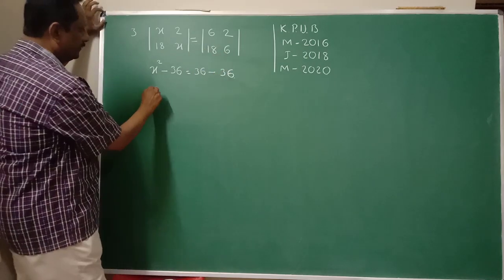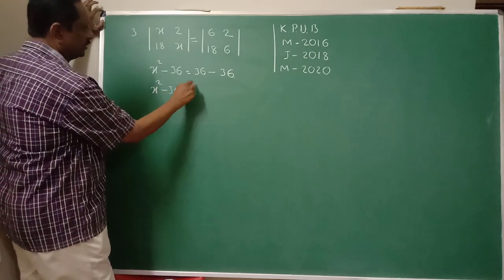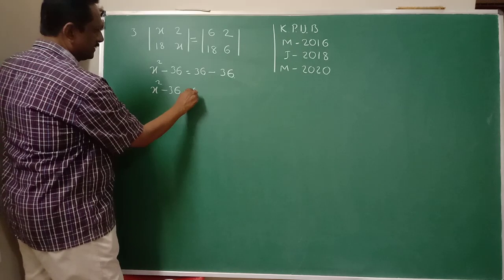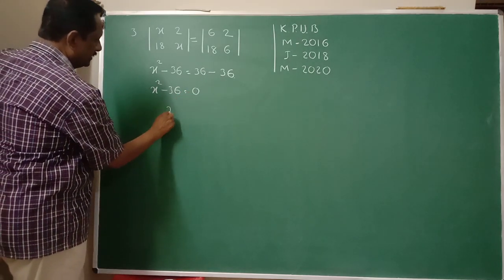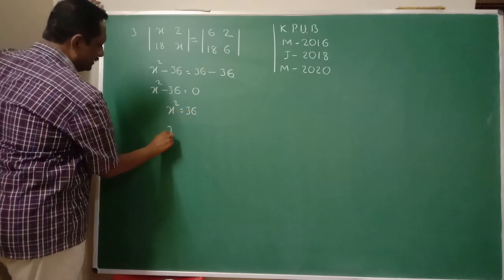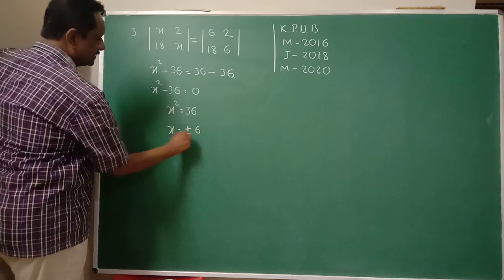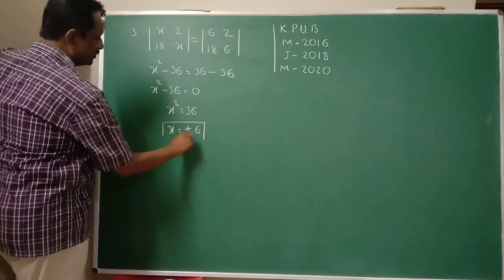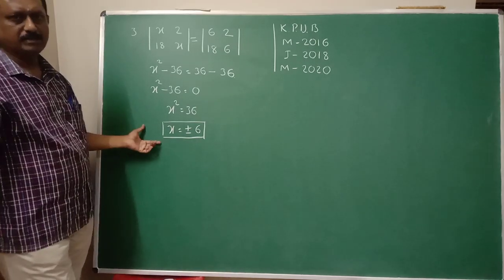Therefore x square minus 36 is equal to 36 minus 36 becomes 0. Take 36 to the right hand side. x square is equal to 36, so x is equal to plus or minus root of 36, which is 6. Therefore x is equal to plus 6 or minus 6 here.